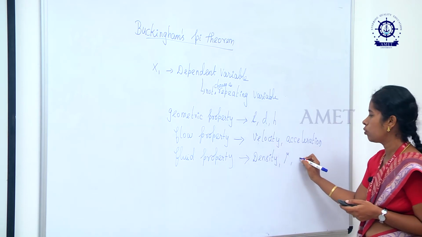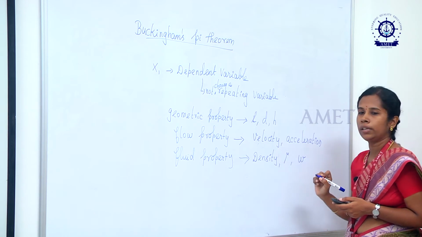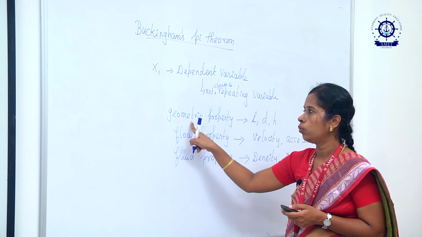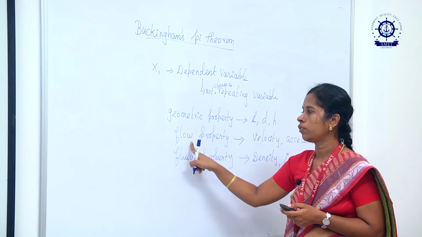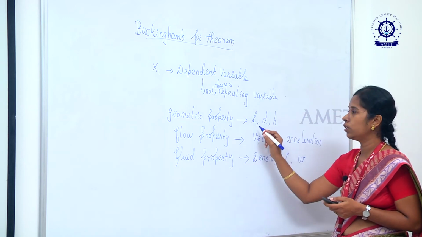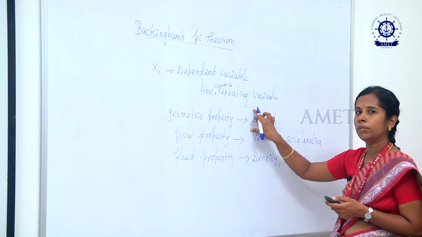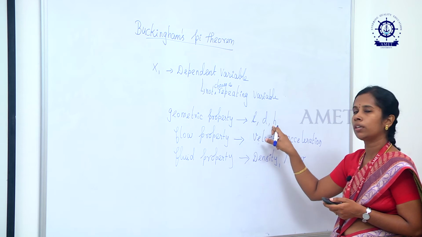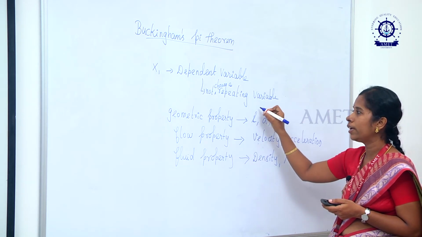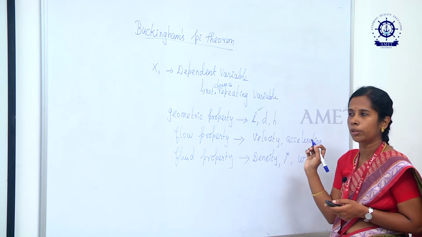So my expression should have one geometric property, one flow property and one fluid property. If your given statement contains length, diameter and height, all three available in the problem, you can select any one as the geometric property.